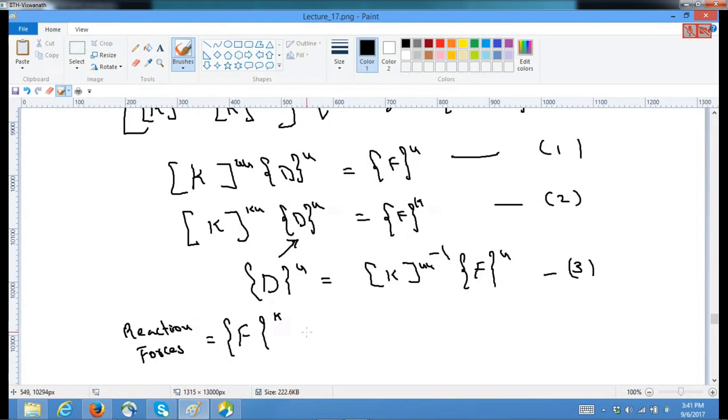It's nothing but k ku times dg, or you can also write it as, I mean, this is an unnecessary way of writing it, because by this time you already determined dUs.